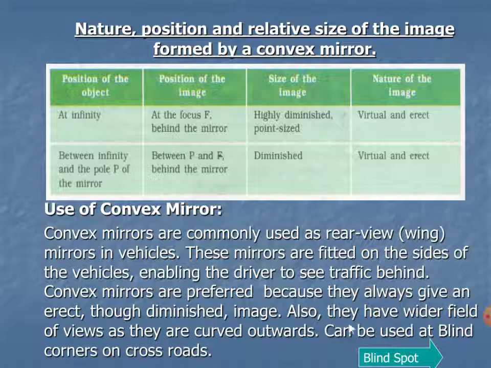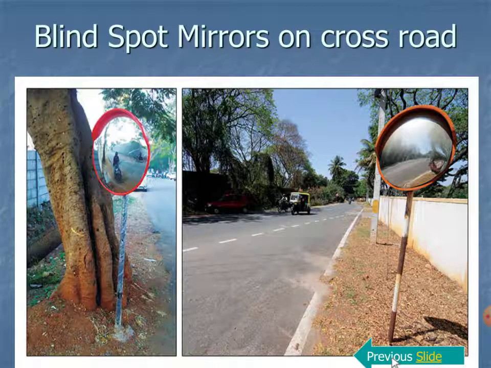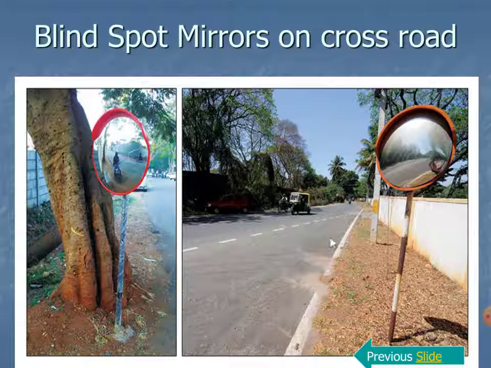So let's see the picture of that, blind corner blind spot mirrors. Okay, these are convex mirrors of larger aperture. From this side you are coming, and you want to see the other side of the road. We can't see any man standing here, but this man is standing on the other side.